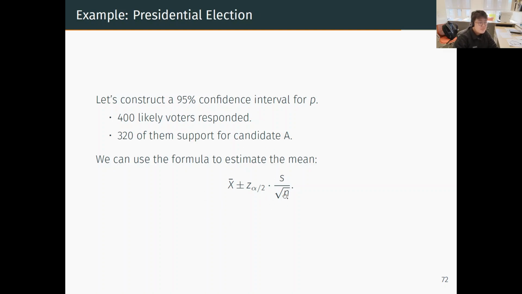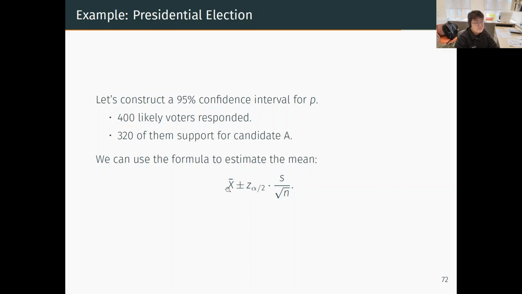Okay, so remember, we need to calculate 4 numbers to construct an interval. First, the sample size is already given. We observe 400 voters, so it is pretty simple. And z alpha over 2 is determined by the confidence level, 95%, so you can look up the table and find the number.